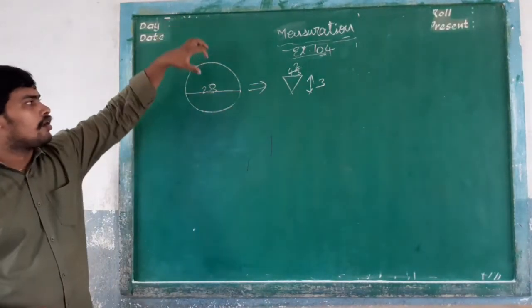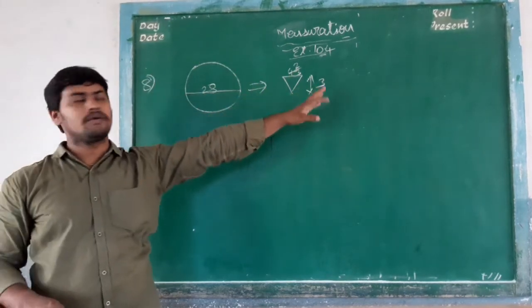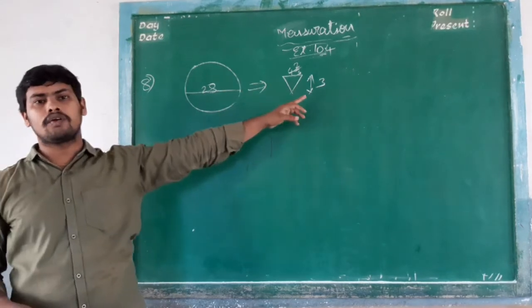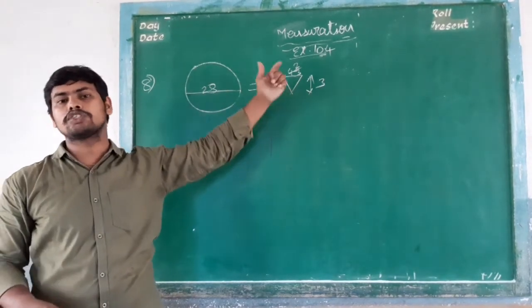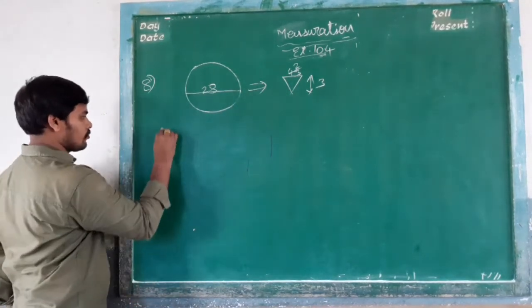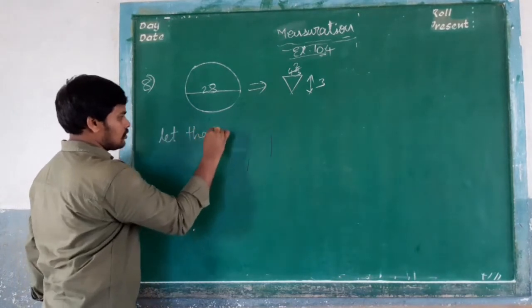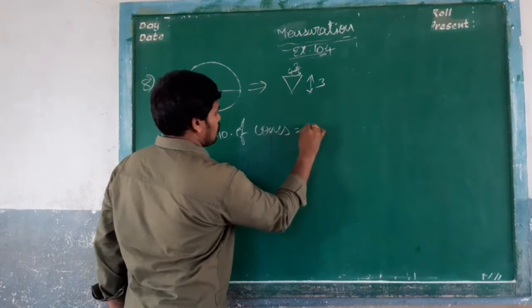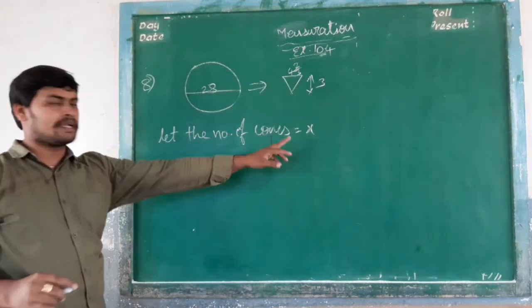We don't know how many cones are formed from the sphere, so let the number of cones be x.